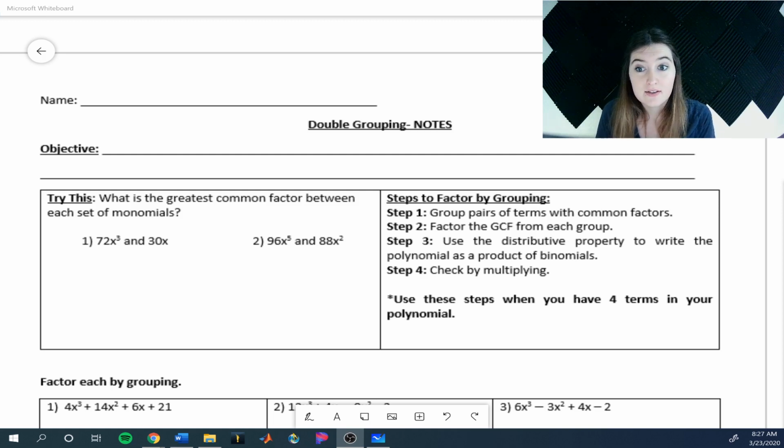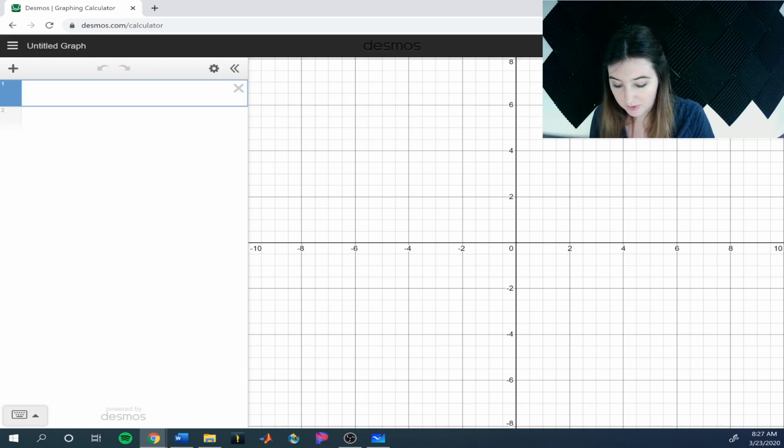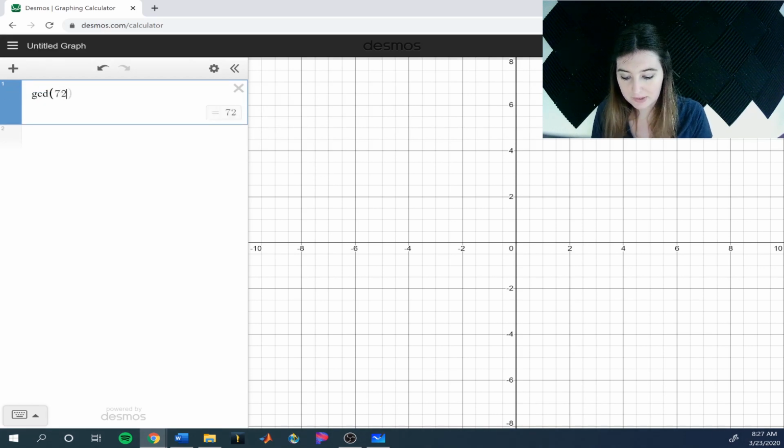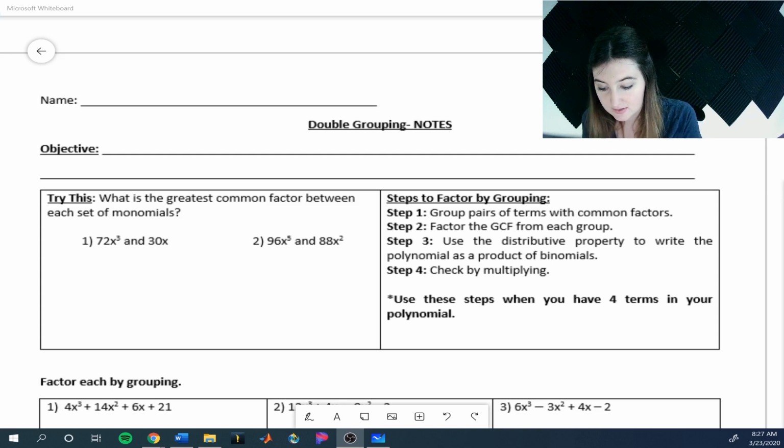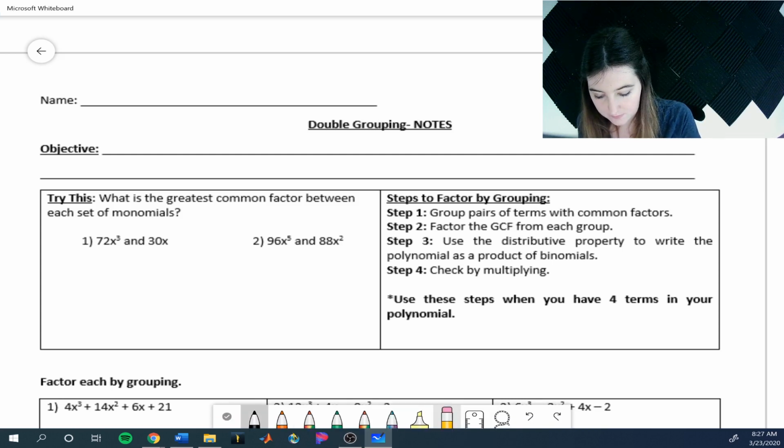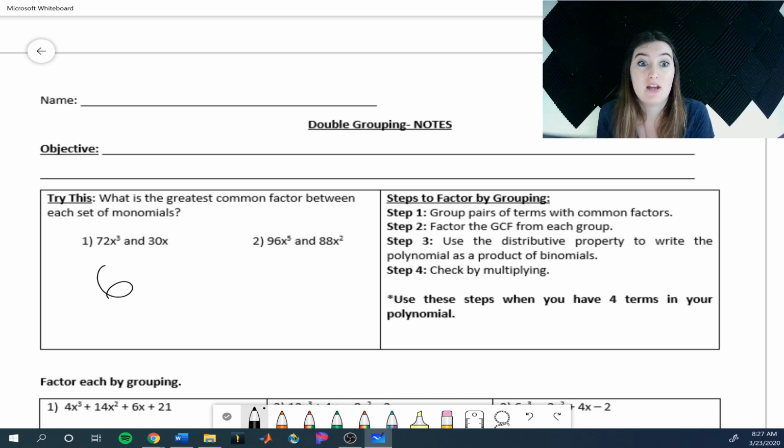All right, so let's look. We have 72x cubed and 30x. If I pull up Desmos here, remember I type GCD, parentheses, and I type my two numbers separated by commas. The GCF between those numbers is 6. Now I've got to look at my x's.